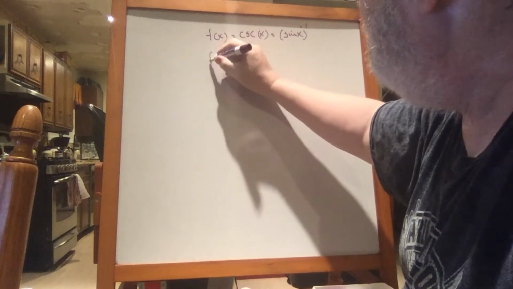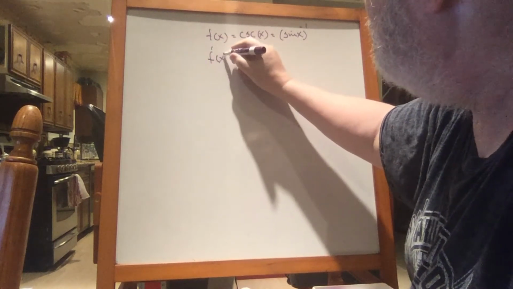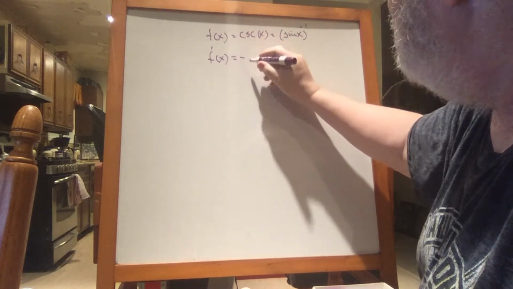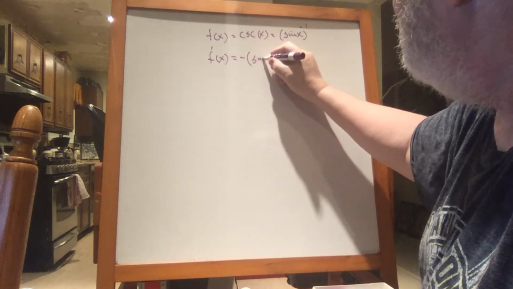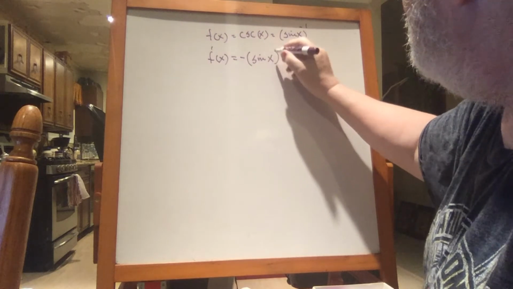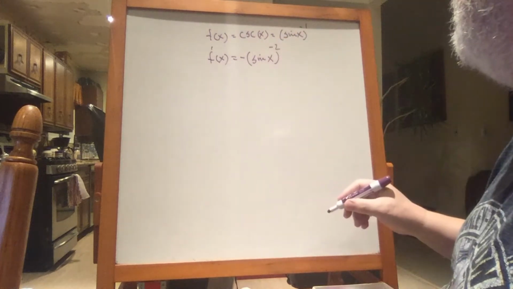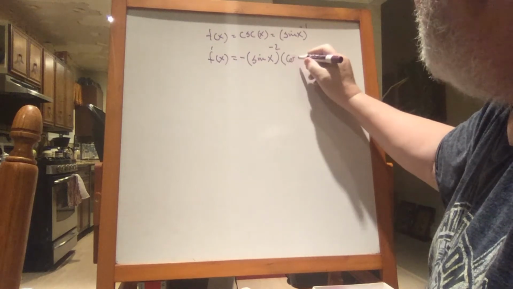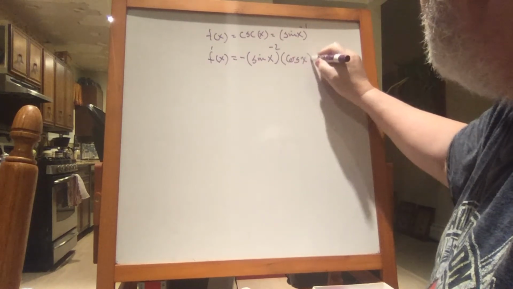So f prime of x for the cosecant of x is equal to negative sine of x to the negative 2 times the cosine of x.